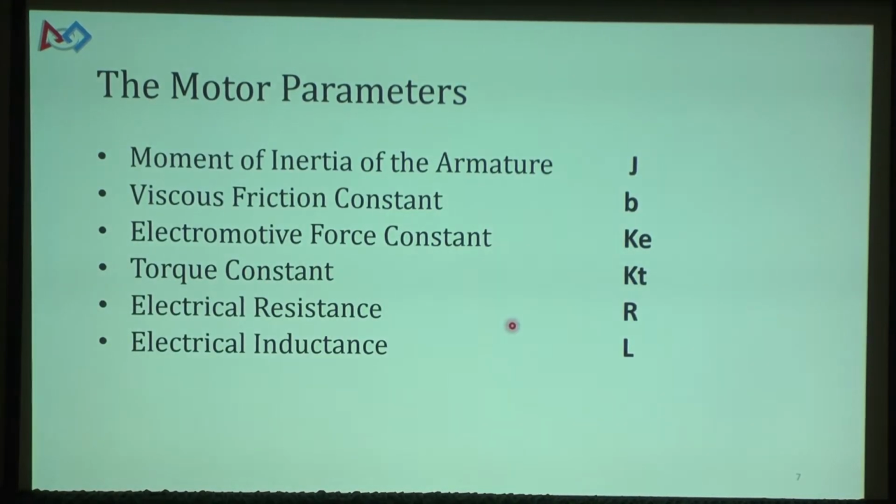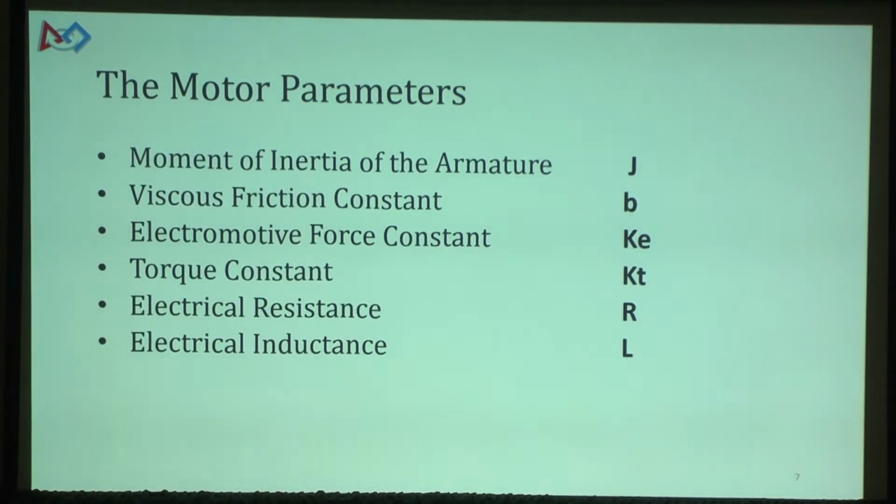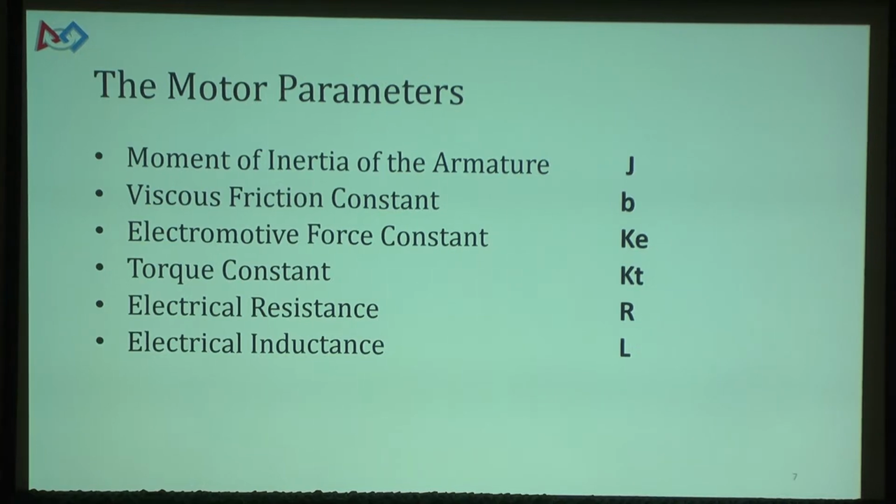And these are all the parameters that we were characterizing throughout this project. The first one, moment of inertia of the armature, J. This describes how much the armature resists the change in angular acceleration. B, the viscous friction constant, describes the drag caused by the grease in the motors. And KE, the electromotive force constant, represents the relationship between the motor's back EMF and its speed, or angular velocity.